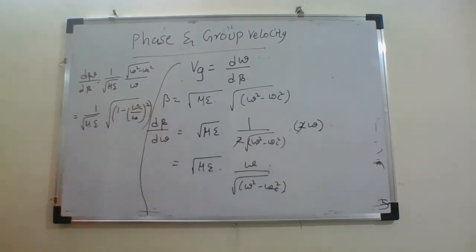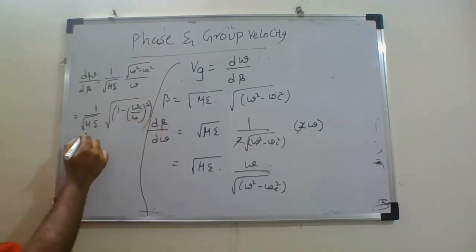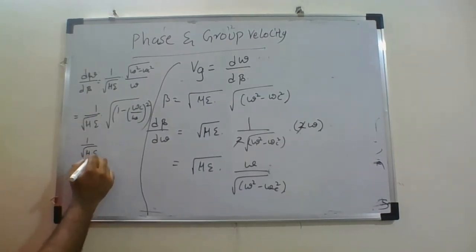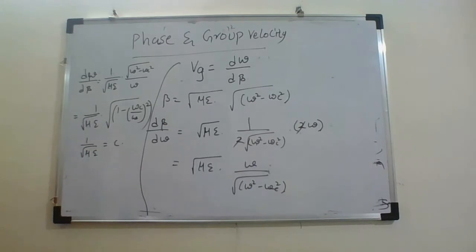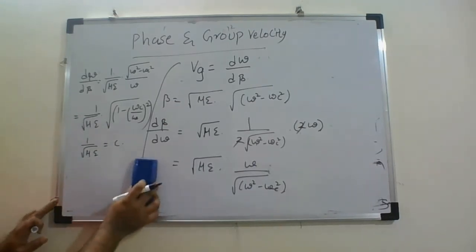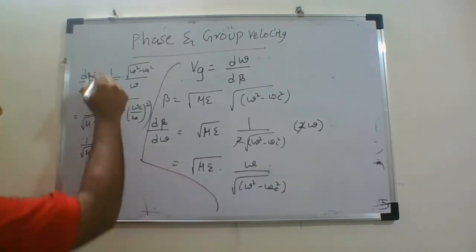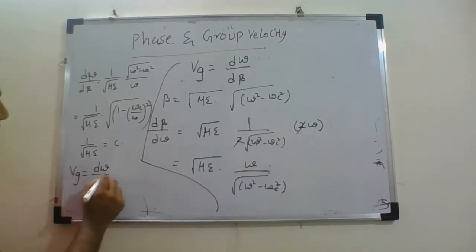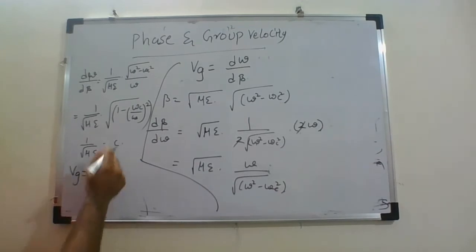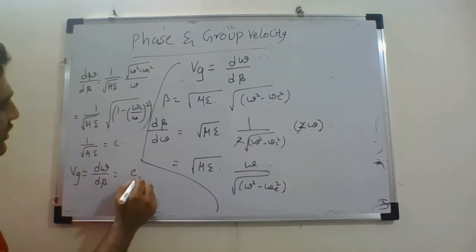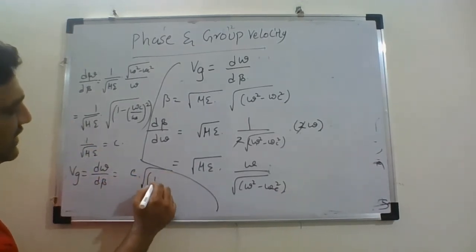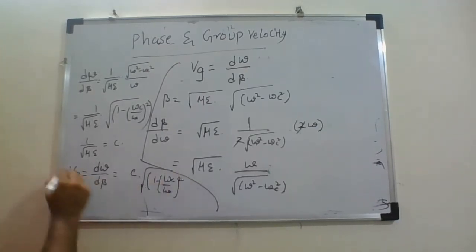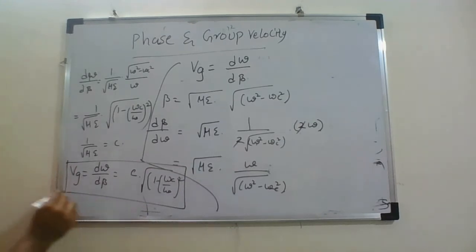If I take 1 by root mu epsilon as the free space velocity c, I get the final expression Vg equals d omega by d beta equals c into root of 1 minus (omega c by omega) whole square. So this is the expression.